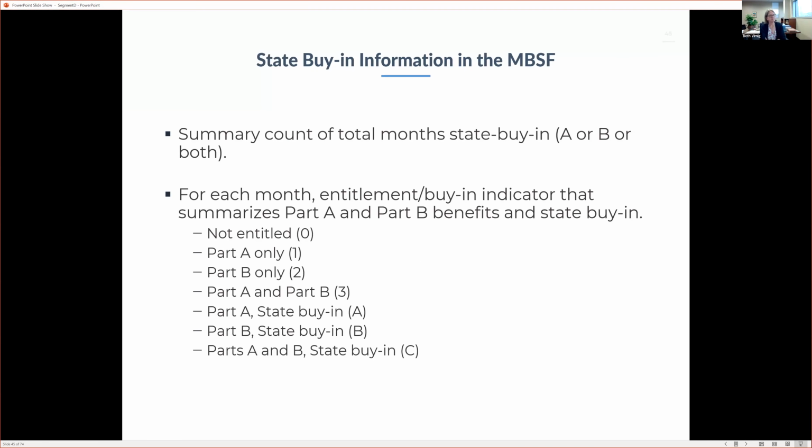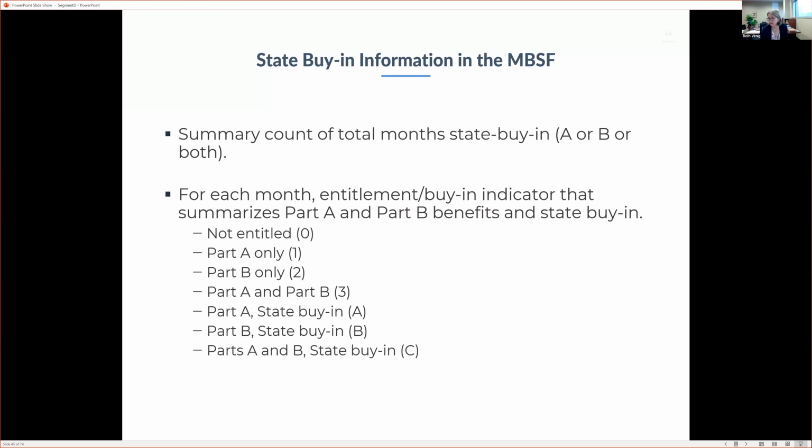In the MVSF, you will get a bit of information that you have to use carefully. There'll be a summary count of total months of, quote, state buy-in. There'll be Part A state buy-in, Part B state buy-in, or both. And for each month, the entitlement buy-in indicator will summarize what it is. It'll be not entitled, which means they're not in Medicare at all.